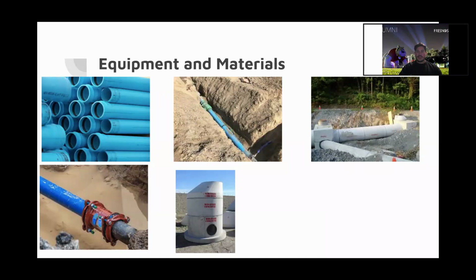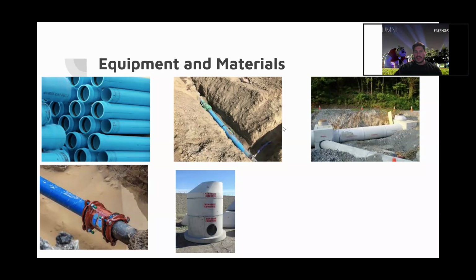Here are pictures of the blue pipe. A great majority of the time it will be for your pressurized water systems, such as your domestic water and your fire line water. In the top middle picture you'll see it being installed.